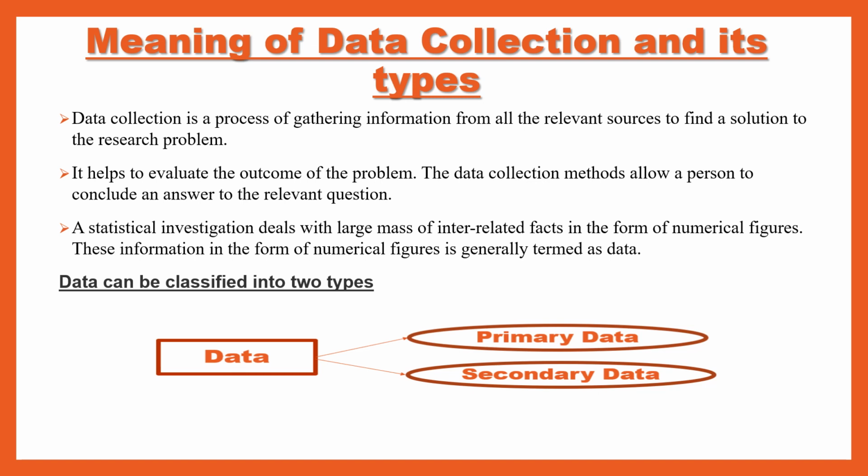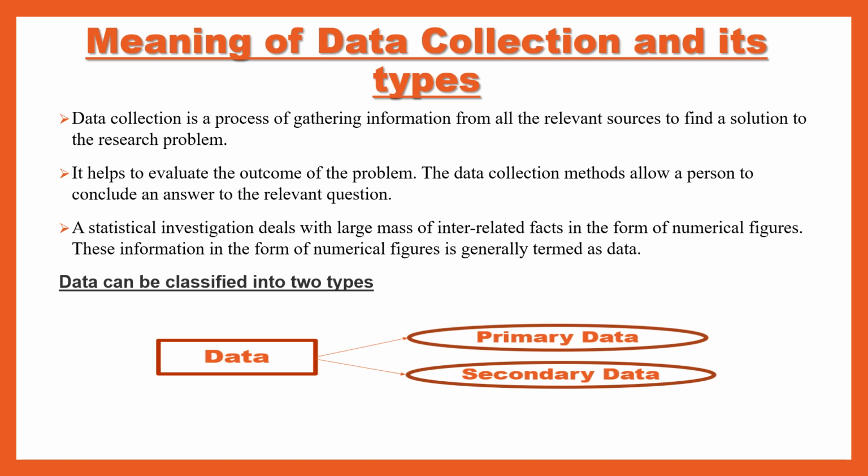Data collection is a process of gathering information from all the relevant sources to find a solution to your research problem. It can be divided into two parts: primary data and secondary data. Data collection helps to evaluate the outcome of the problem and allows a person to conclude an answer to a relevant question.